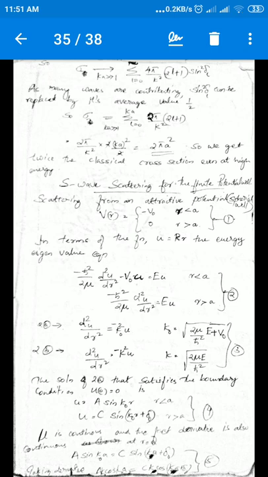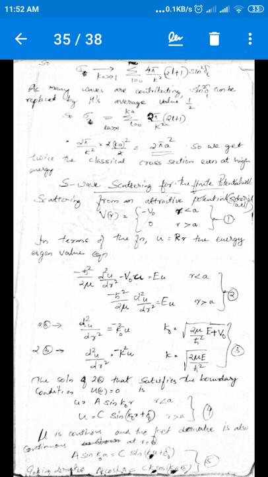That means A sin k0a should be equal to C sin(ka + δ0). The solution inside the potential well is A sin k0r, at the boundary A sin k0a, and outside the potential it is C sin(kr + δ0), at the boundary C sin(ka + δ0). So these will be equal, and the derivatives also will be equal.